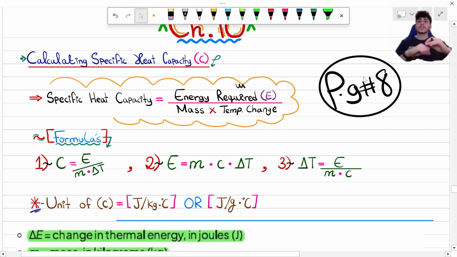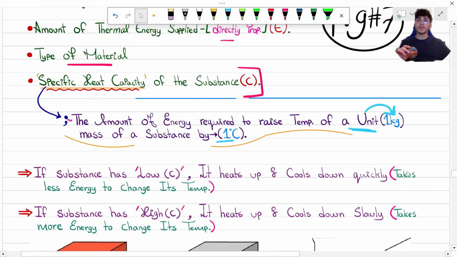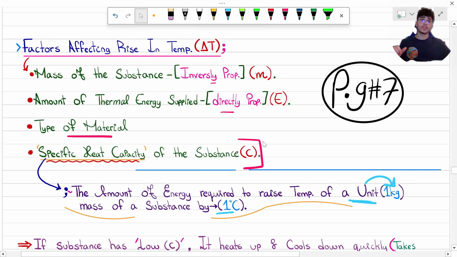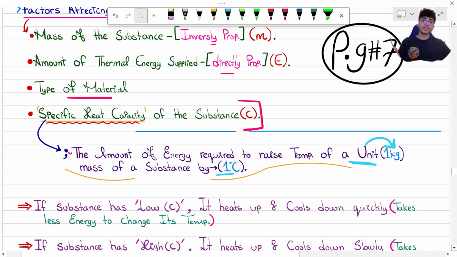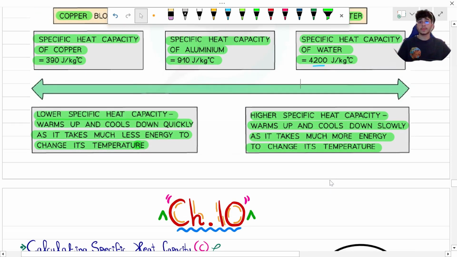To calculate specific heat capacity, we have a very nice formula here. Specific heat capacity is equal to the energy required divided by the mass and temperature change. So we're just technically combining all the factors that we took up here, factors that affect the rise in temperature. Because in the end, specific heat capacity is the amount of energy required to produce a rise in temperature. So we're going to use the factors that affect this rise of temperature to calculate the specific heat capacity.